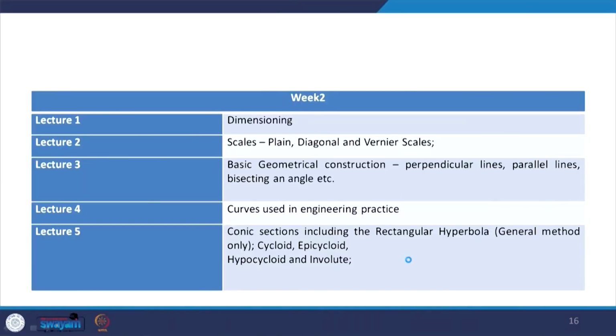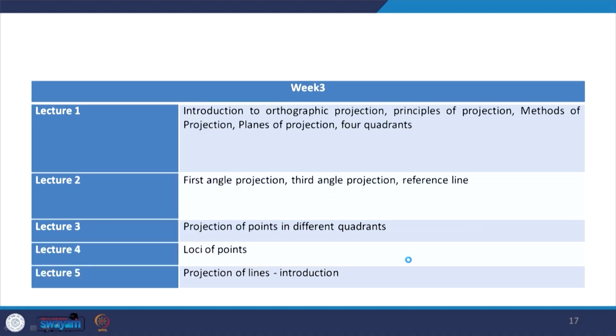In week 2, we will start with dimensioning and scales, because scales are very important. So we will understand about scales, and then we will start basic geometrical construction using these equipments. And then we will go on to understand how the curves in engineering practice will be used and different conic sections. Week 3, we will start with orthographic projections.